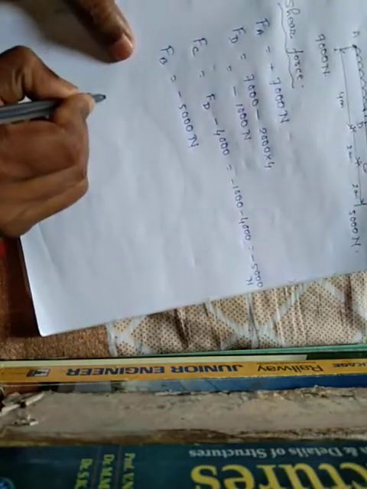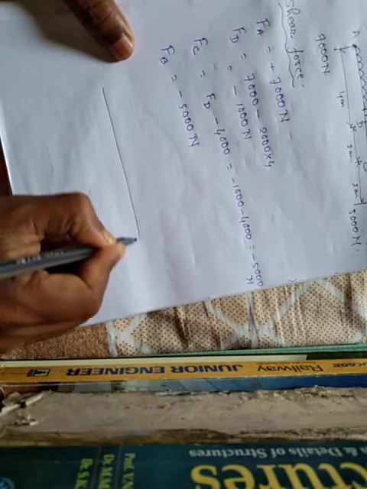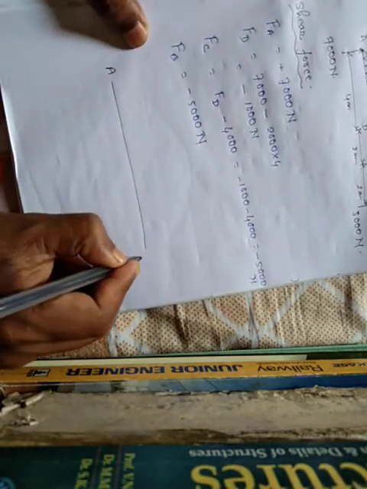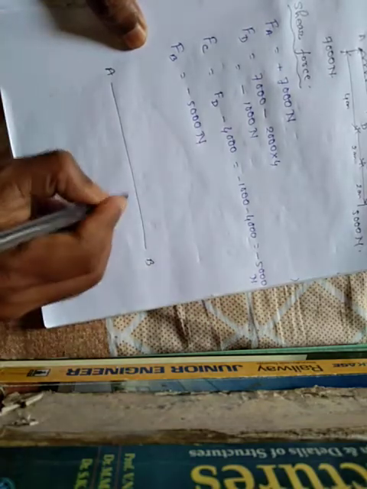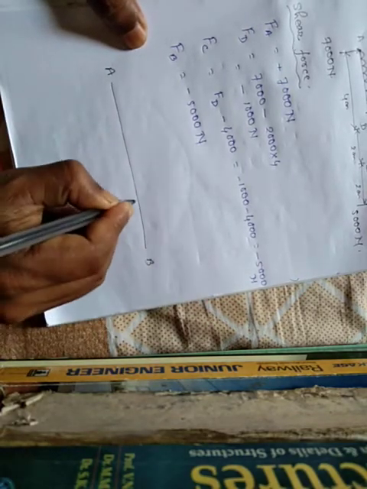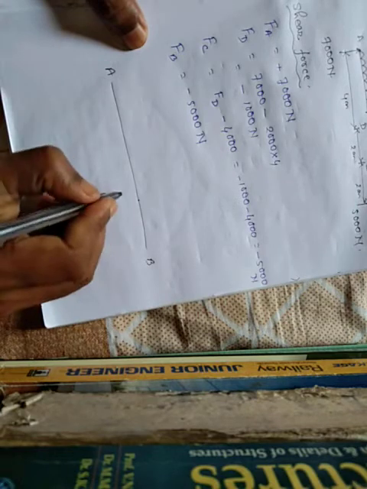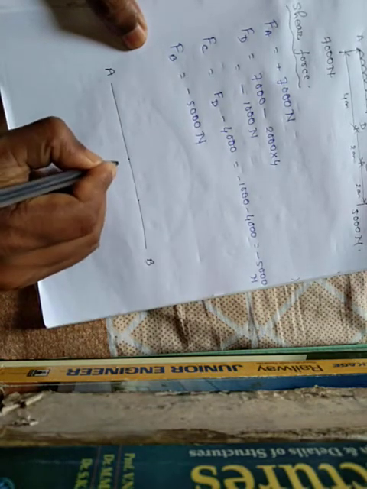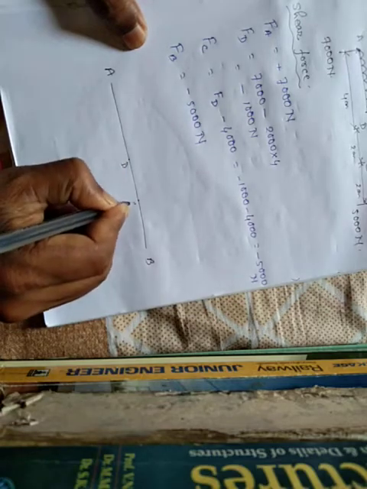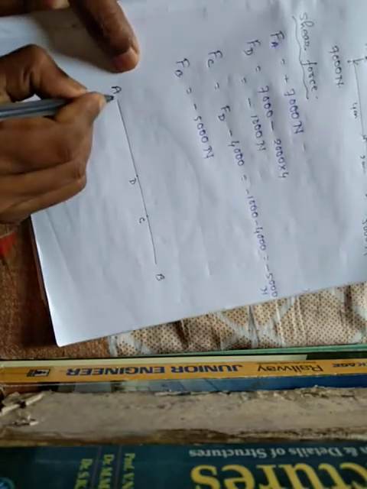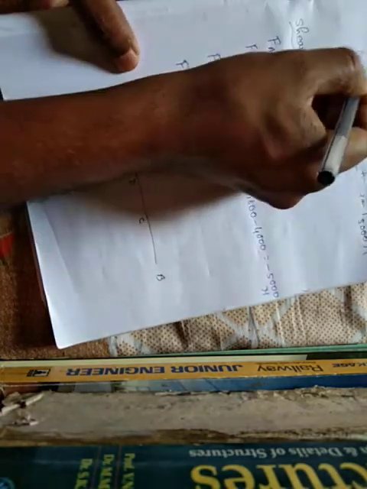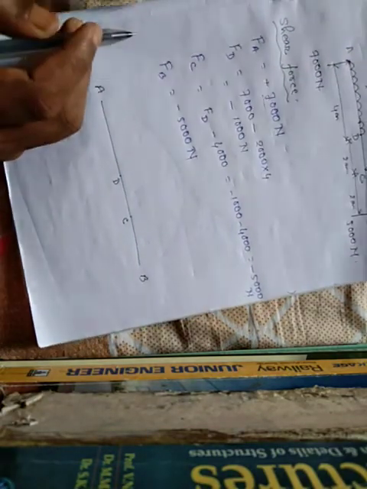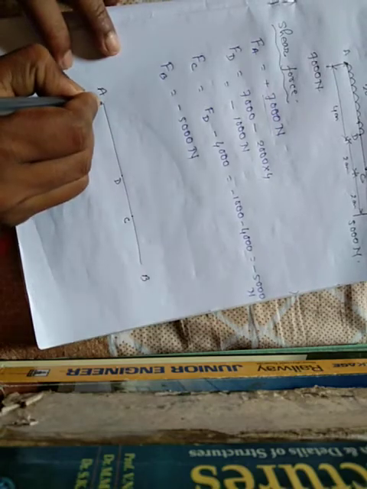Let me draw a beam. This is the beam, this is point A, and this is point B, this is point C, and this is point D. Shear force at point A is 7000 Newton, which is positive.